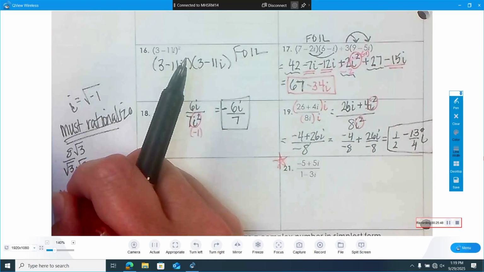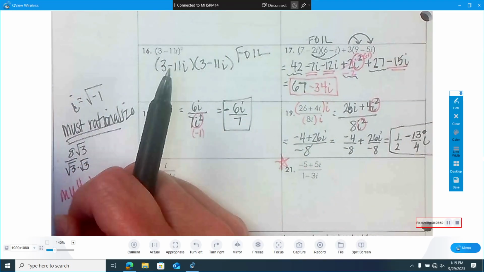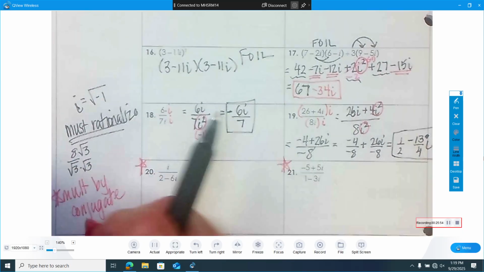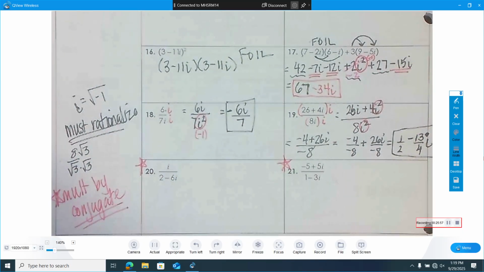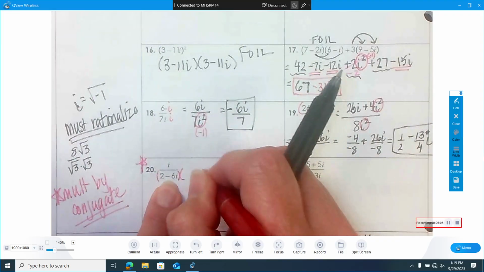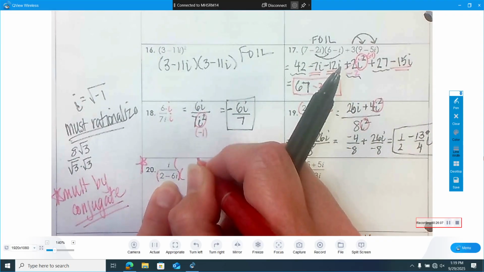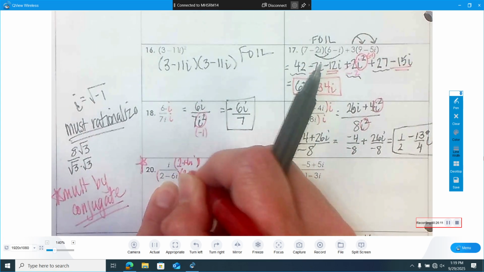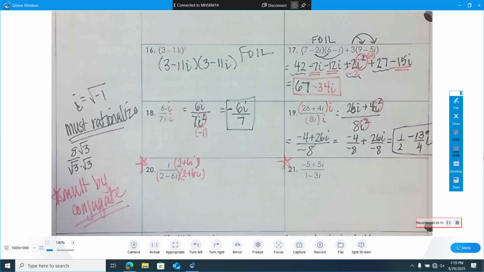We must multiply by the conjugate. Just like with radicals, we have to multiply top and bottom by the conjugate of this denominator. So what is the conjugate? 2 plus 6i. Very good, on top and bottom. And then you can clean it up from there.